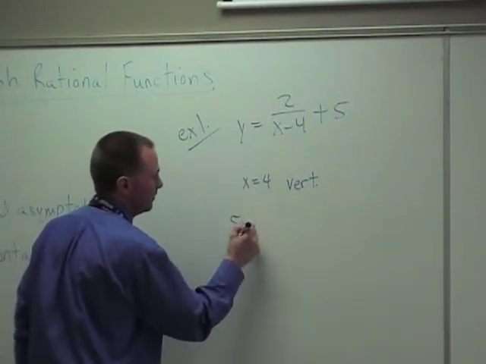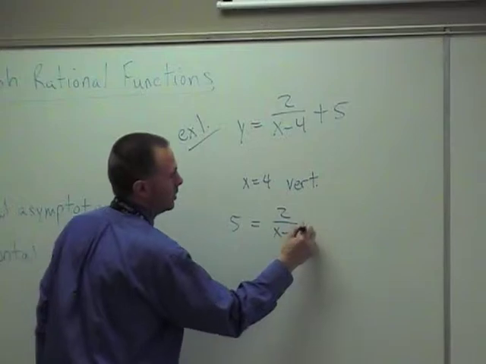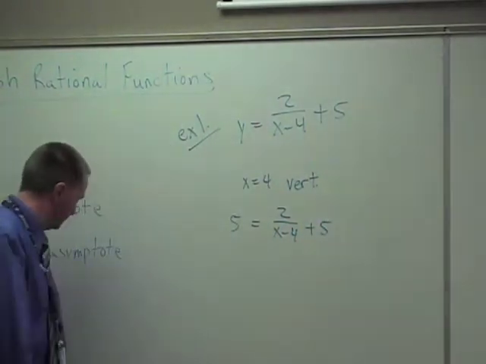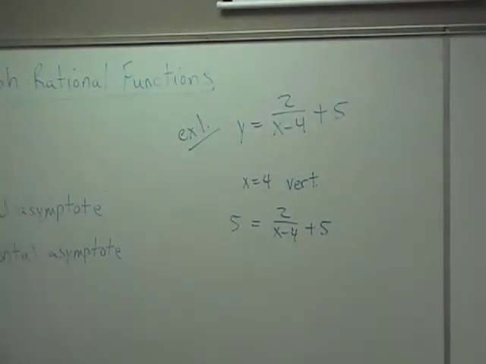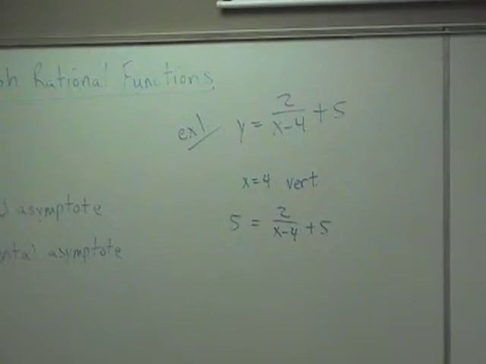Y is 5. You have 5 equals 2 over x minus 4, plus 5. Now everybody solve that. Solve for x, please. It's the only variable there.